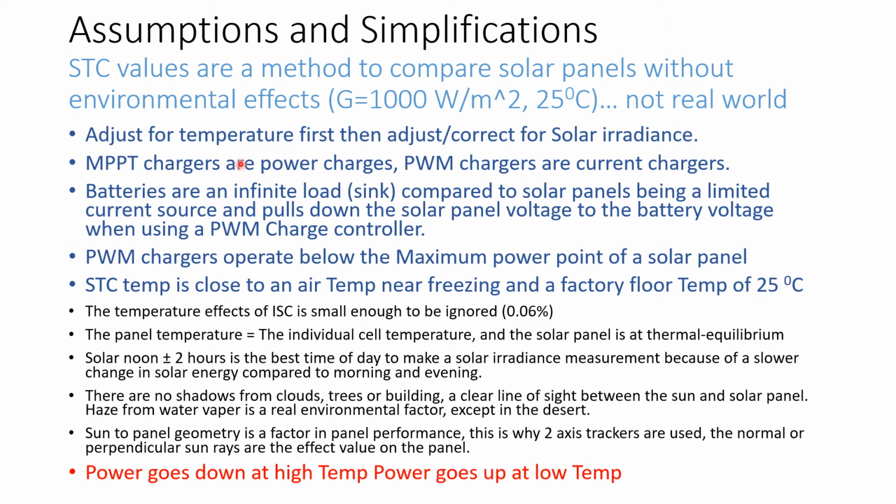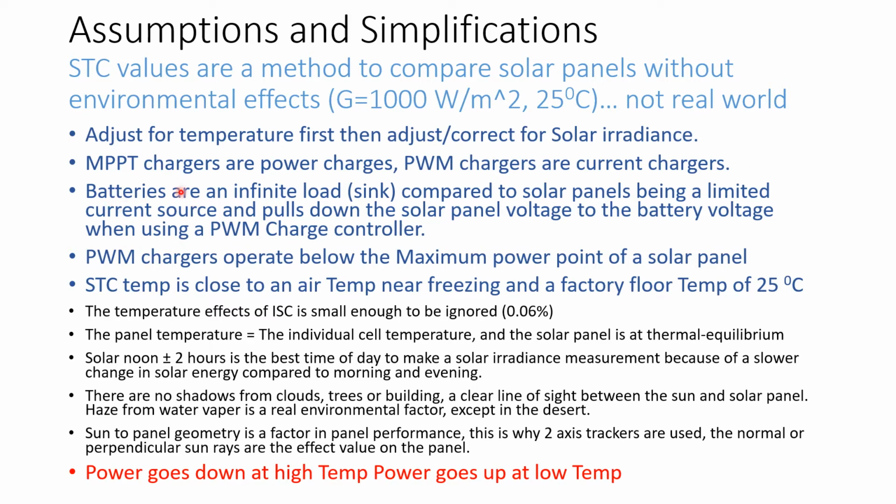So when you look at an MPPT, if you got, let's say, 80 watts coming out of your solar panel, it's going to put close to 80 watts into your battery. A PWM charger is going to put whatever the short circuit current is times your battery voltage into your battery.